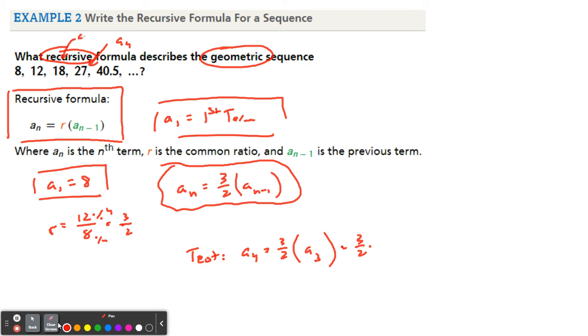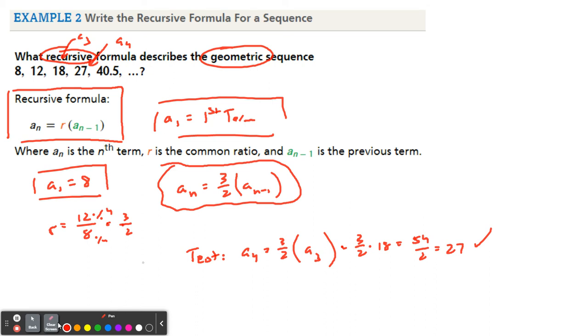The third term is 18. So the 18 just multiplies to the top. That's 54 over 2, and 54 over 2 is 27, and that checks out. So that's how we use this recursive formula to take a previous term and find the next term, right? So 40.5, that's the fifth term. We could find the sixth term using the 40.5 and 3/2.